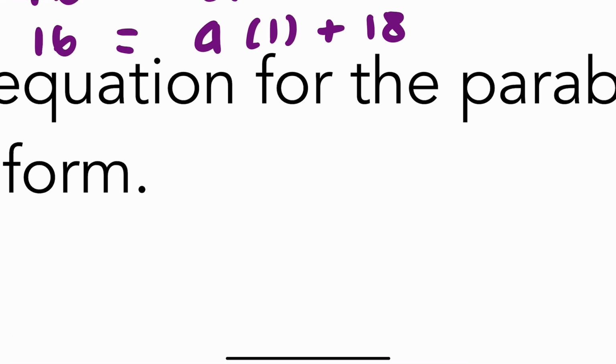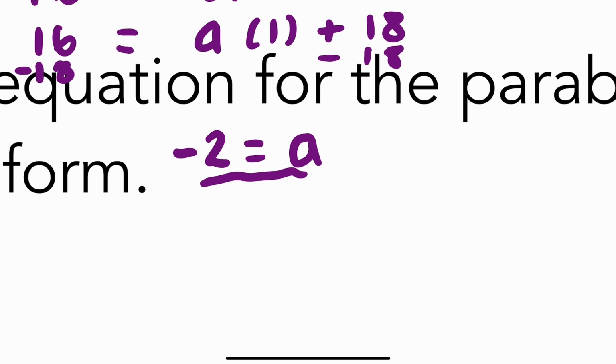Then we want to get our a by itself, so I'm going to subtract 18 from both sides. I end up with negative 2 equal to a, because remember, a times 1 is just going to be a. Now I have found my value of a.